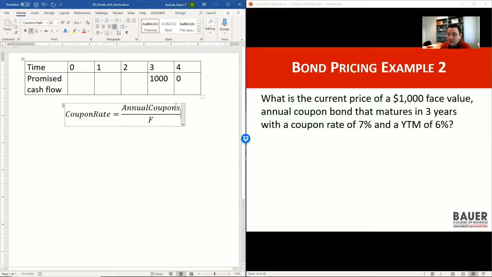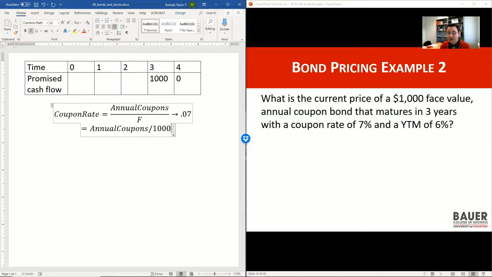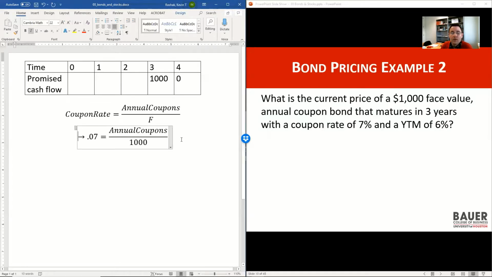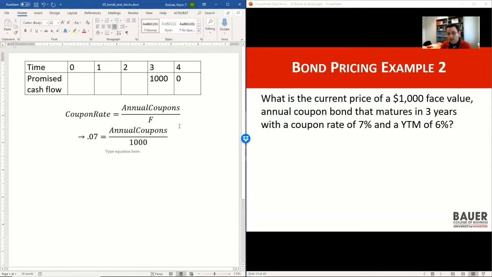So we're given the coupon rate here of 7%. 7%, that's got to equal the annual coupons divided by F, which was given at 1,000. This is going to let us solve for the amount of coupons that we're getting. Okay. In particular, you can just plug that into your calculator, and you see that the annual coupons is equal to $70.